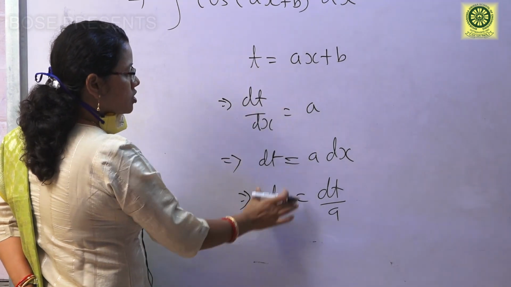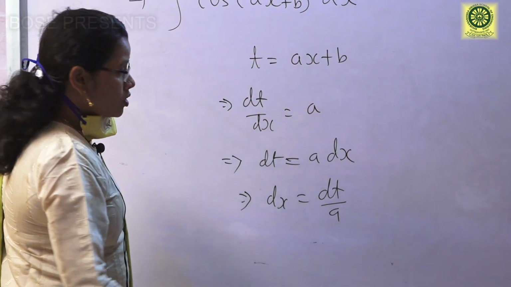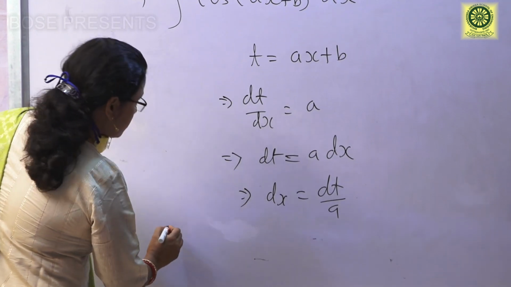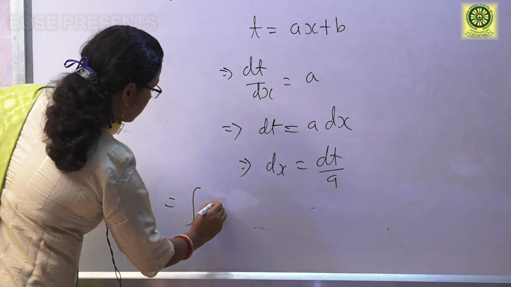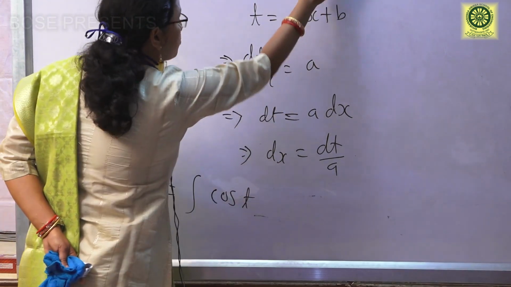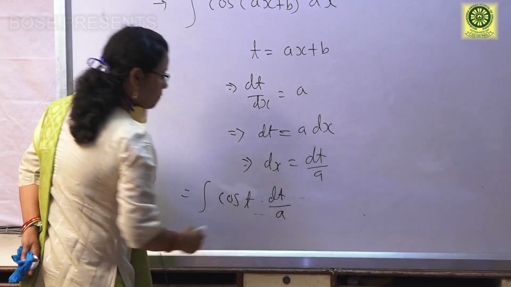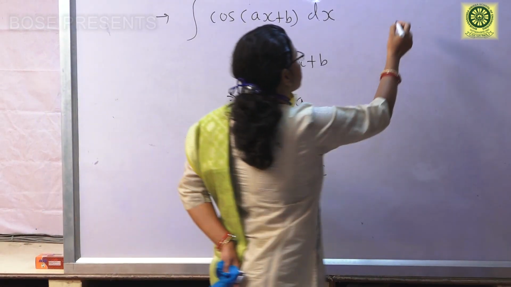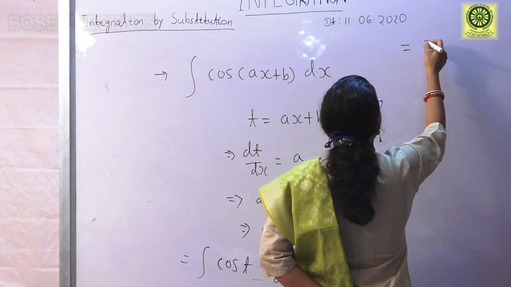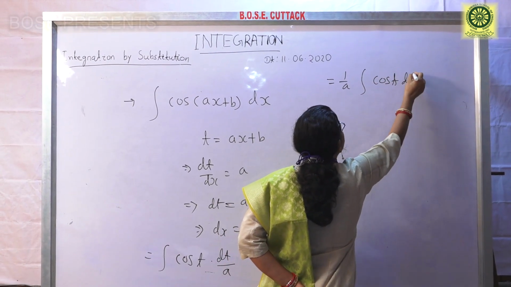Then just use this substitution in this integral, so that our integral becomes a simple integral of cos t, and in place of dx just write dt by a. That is equal to 1 by a into the integral of cos t dt.